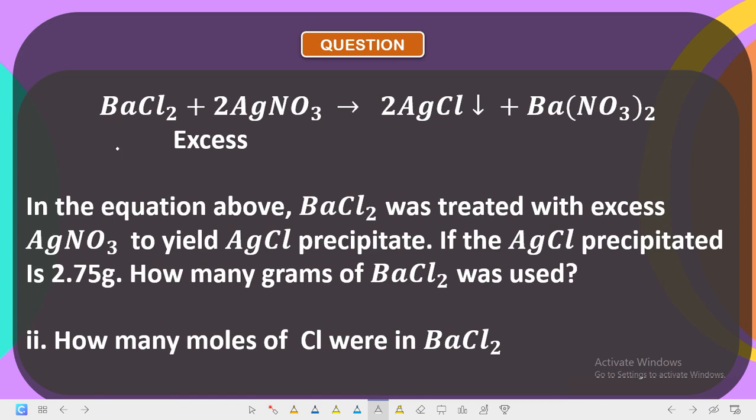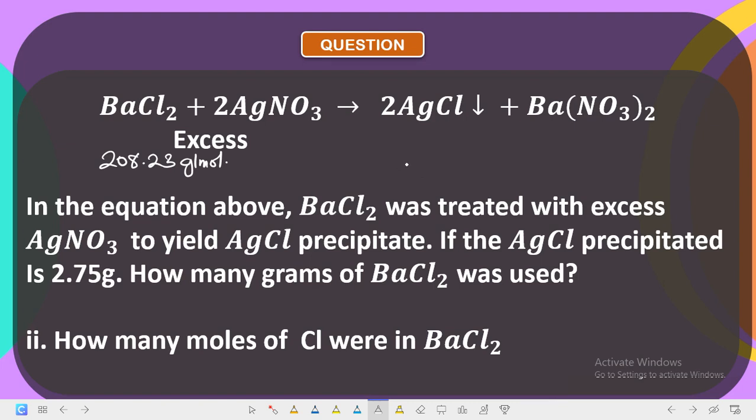Now, the molecular mass of barium chloride is 208.23 gram per mole, and that of silver chloride, because they are the two most important compounds to us in this question, I think, is 143.32. I'm searching for the molecular mass of silver chloride. Now, these are supposed to be given to us in the exam, so you don't need to memorize. Okay, it's not that 233. That should be barium sulfate also.